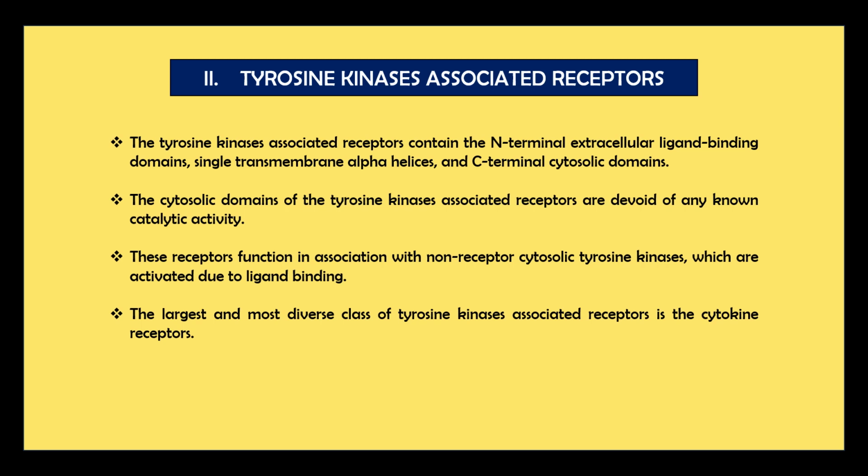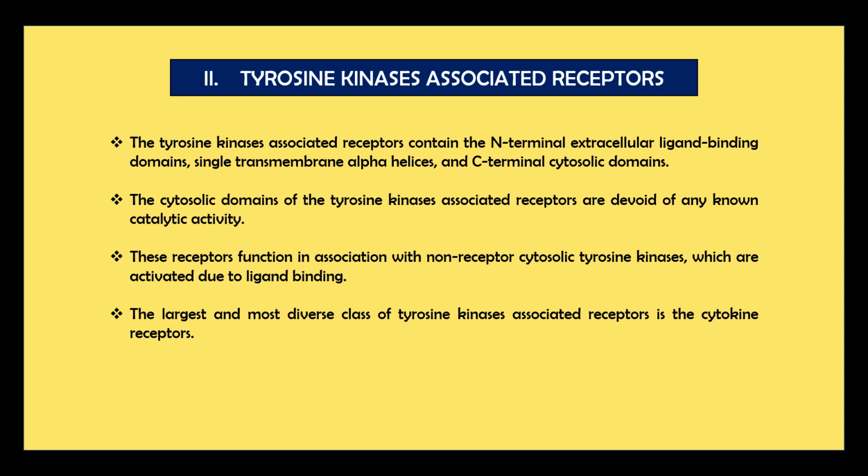So the second enzyme linked receptor is tyrosine kinase associated receptors, and these types of receptors contain N-terminal extracellular ligand binding domains, single transmembrane alpha helices, and C-terminal cytosolic domains.